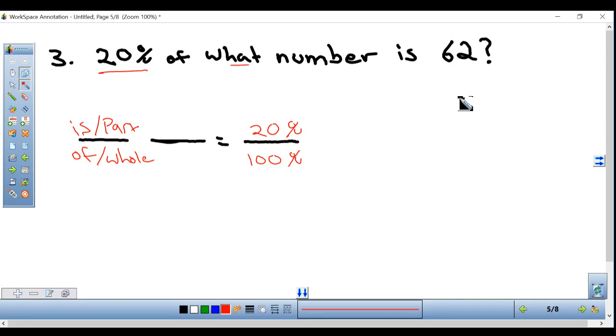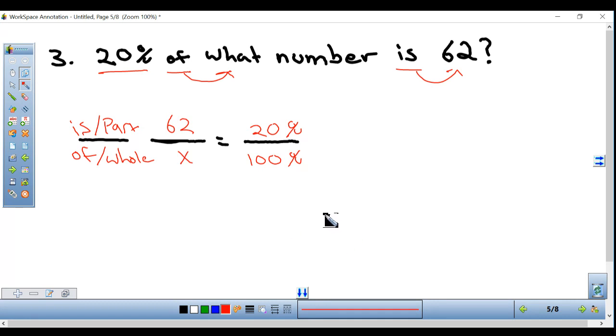Okay, 20% of what number is 62? Is, well, I see this word is right next to 62. So 62 will be going on top. 20% of what number? Of what number? Of, I don't see any other numbers, so that must be my unknown, or my x.